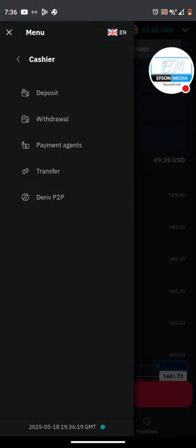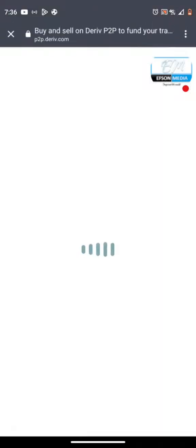After selecting the cashier, you can use any of the payments, either the deposit or the Deriv P2P. Most of the time I use the Deriv P2P. With that option, you can deposit as low as $2, $3, $4, $5.